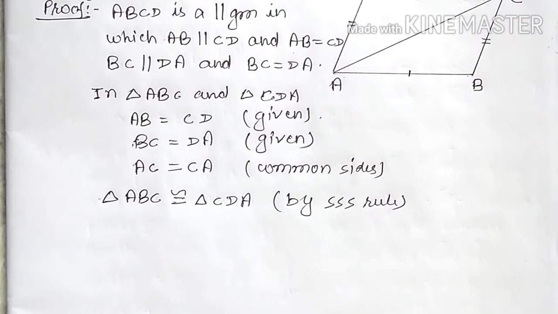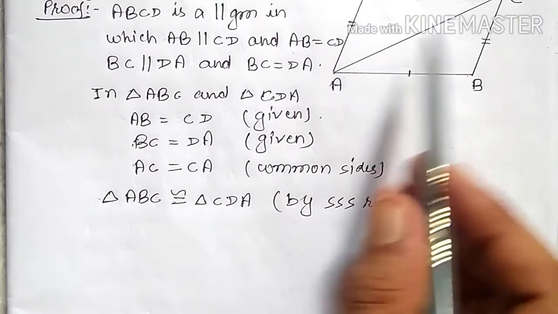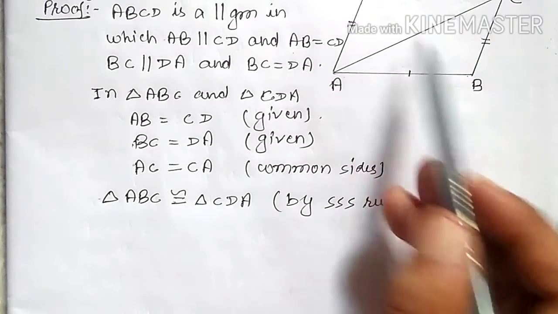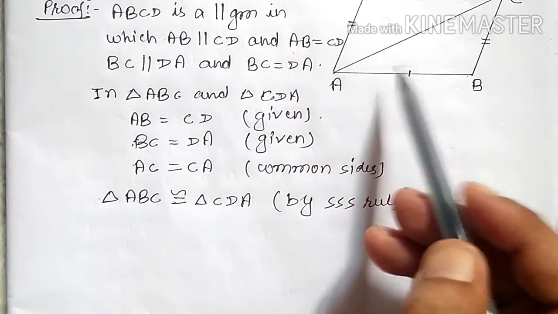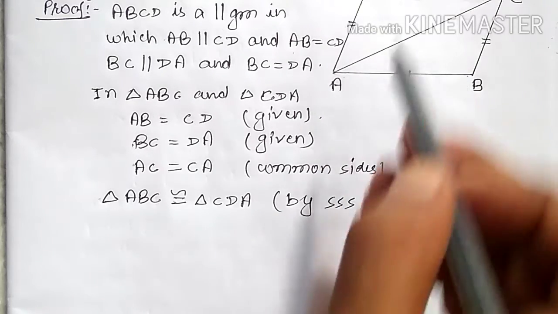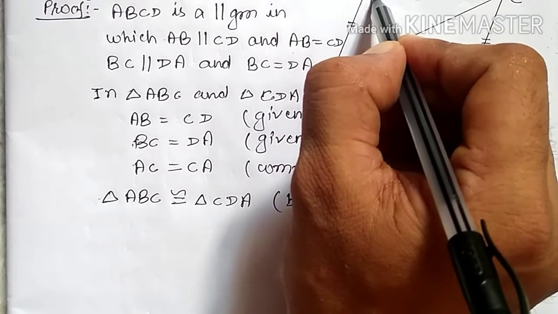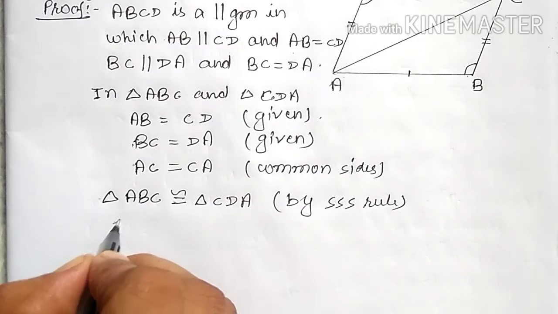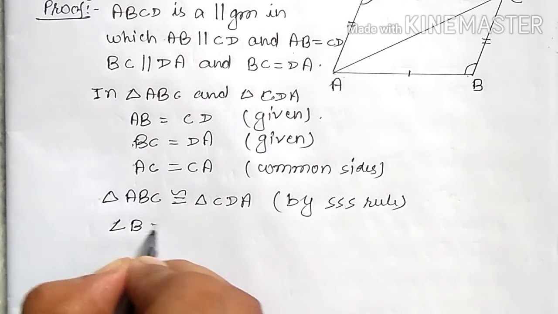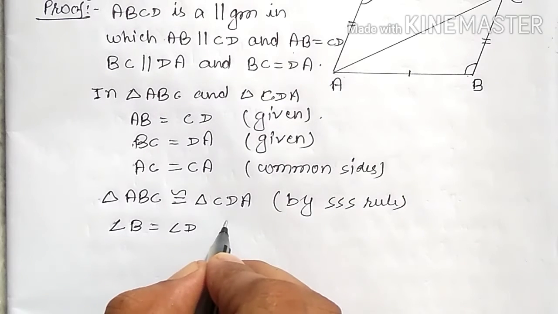If it is congruent, then it is proved that the diagonal divides the parallelogram into two equal, or congruent, triangles. If both the triangles are congruent, then the corresponding parts of the congruent triangles are equal. It means we can say angle B is equal to angle D by CPCT.